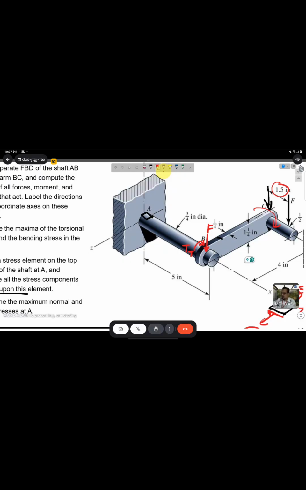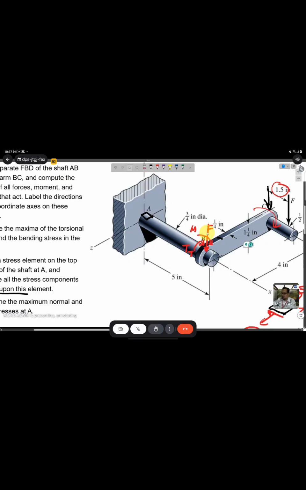And then we have a bending. What happens if I put a force F here?